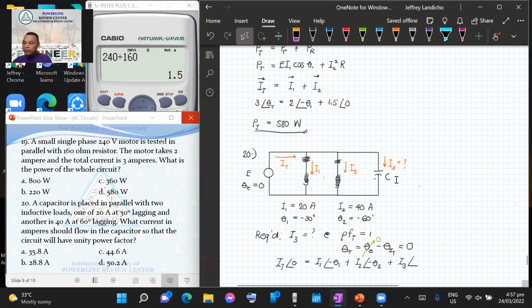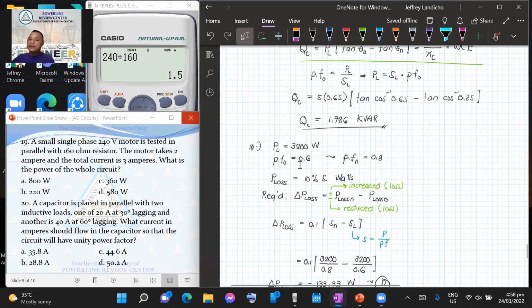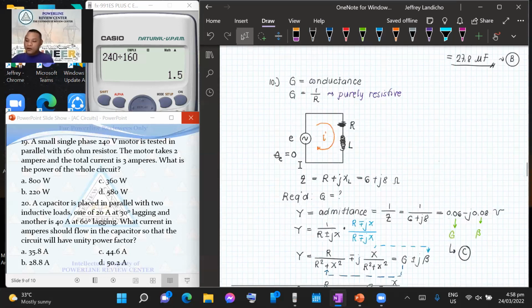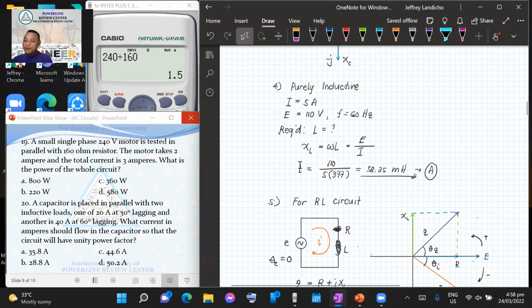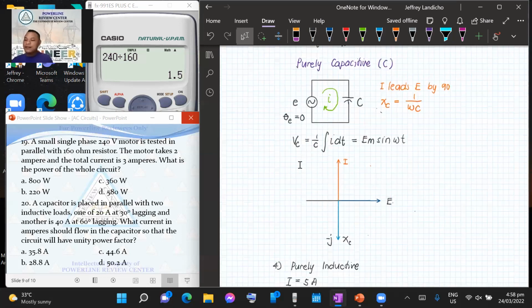If we go back, this is a purely capacitive circuit. For a pure capacitor, go back to the frequency response. What is the relation of the current and the voltage? If you remember, in a pure capacitor, the current leads the voltage by how many degrees? 90. The current is always ahead of the voltage in a pure capacitor by 90 degrees. So if our voltage is at 0, then I sub 3 should be at 90 degrees.